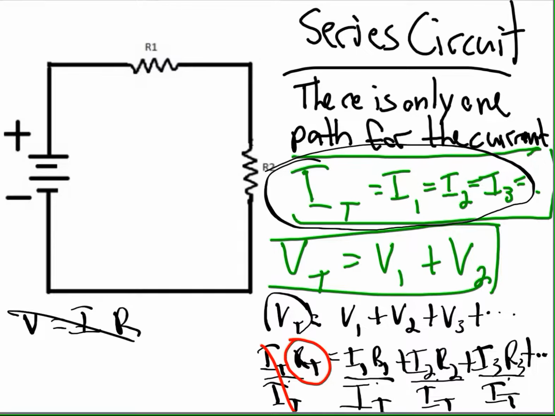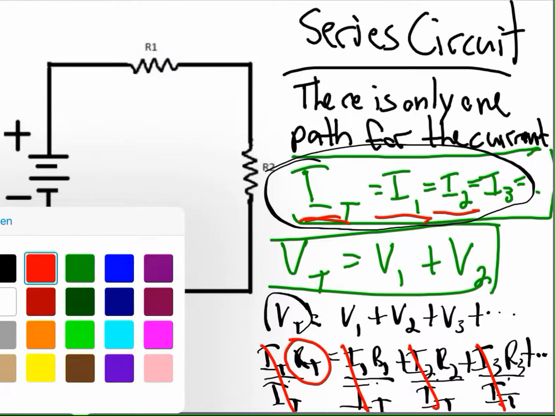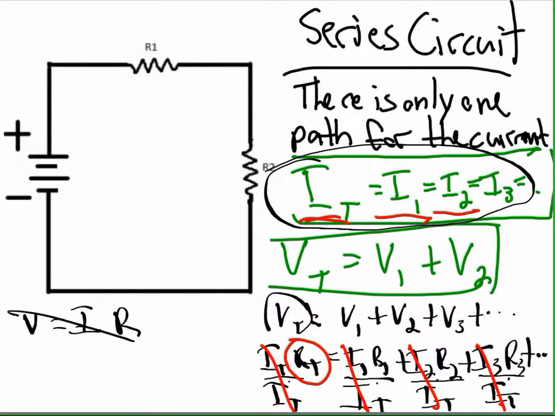I1 and I total are equal to each other, so those would also go away. I2 and I total are equal, so on and so forth. What you eventually end up with is R total equals R1 plus R2 plus R3 plus dot, dot, dot.